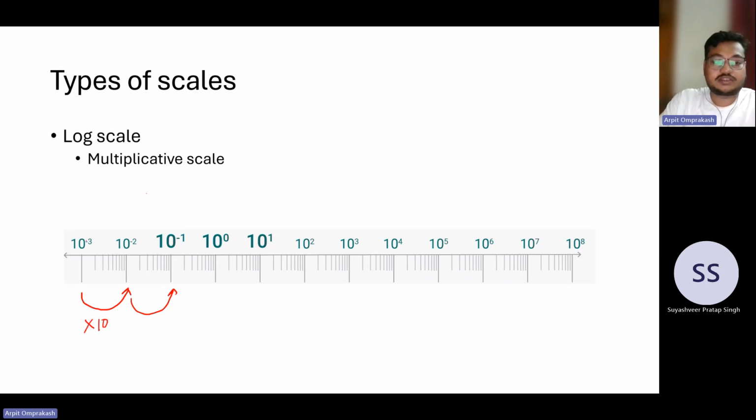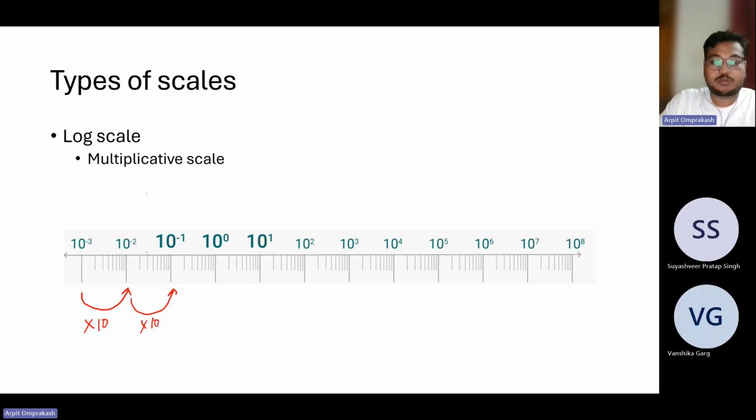So 10 to the power minus 3 times 10 is 10 to the power minus 2, which is the next major point in the scale. And again, 10 to the power minus 2 times 10 gives us 10 to the power minus 1, which is 1 by 10, the next major point. Then we have 10 raised to power 0, which is 1, 10 raised to power 1, which is 10. Then we have 100 and so on.